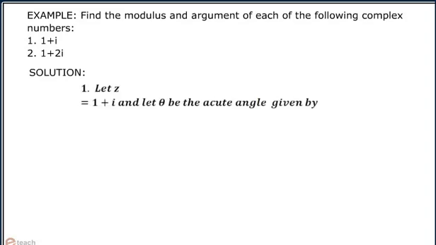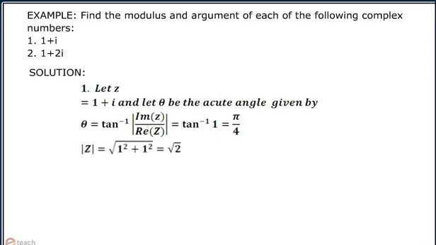The first one: let z equals 1 plus iota and let theta be the acute angle given by theta equals tan inverse of the imaginary part of z over the real part of z, which is equal to tan inverse 1, which means theta equals pi by 4. Now, modulus of z equals under root of 1 square plus 1 square, which is equal to under root of 2.